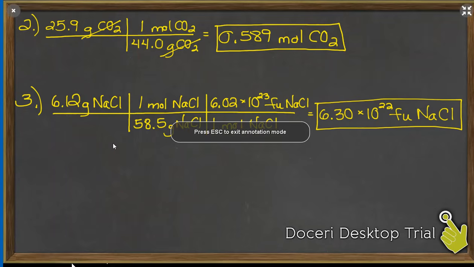And then, and only then, can I convert to formula units. So it's a two-step problem. Okay, but I wasn't good about canceling out my units here, but at the end of the day, the only unit that is left is formula units of sodium chloride.